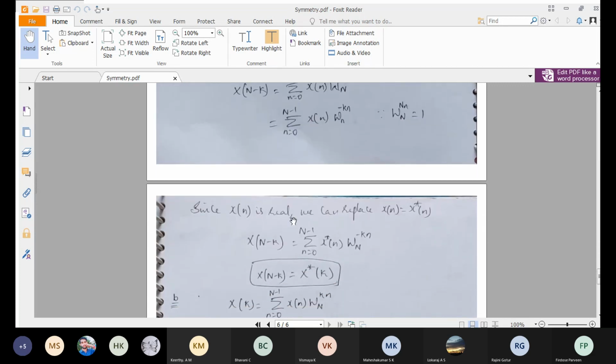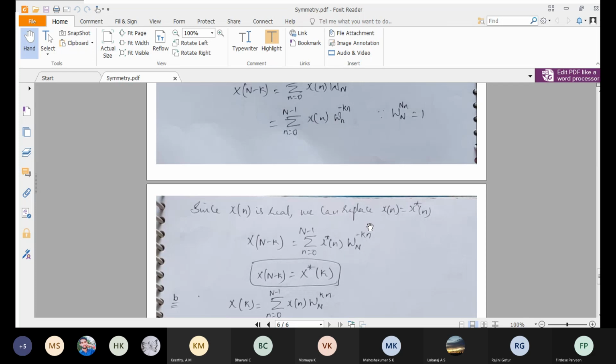Since x of n is real, we can replace x of n with x conjugate of n. Writing x of n and writing x conjugate of n is one and the same thing, because we are speaking only about real things. So I have replaced x of n with x conjugate of n, W_N to the power of minus kn.